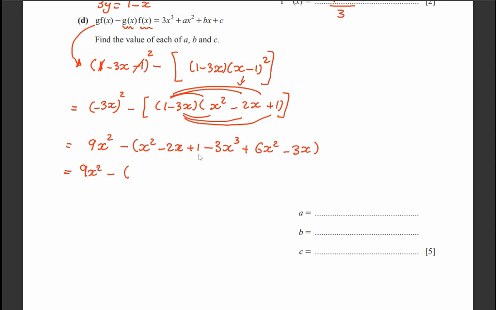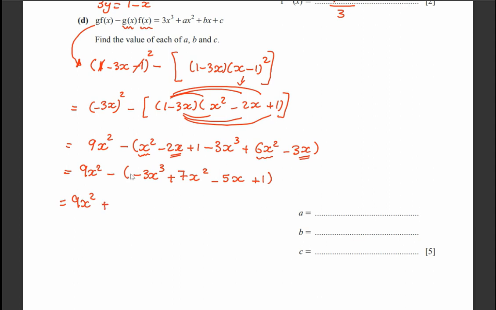Then I'm going to combine like terms inside the bracket. It will be negative 3x cubed, x squared and 6x squared, which is 7x squared. Negative 2x minus 3x is negative 5x, and then plus 1. Close the bracket. Equals 9x squared.